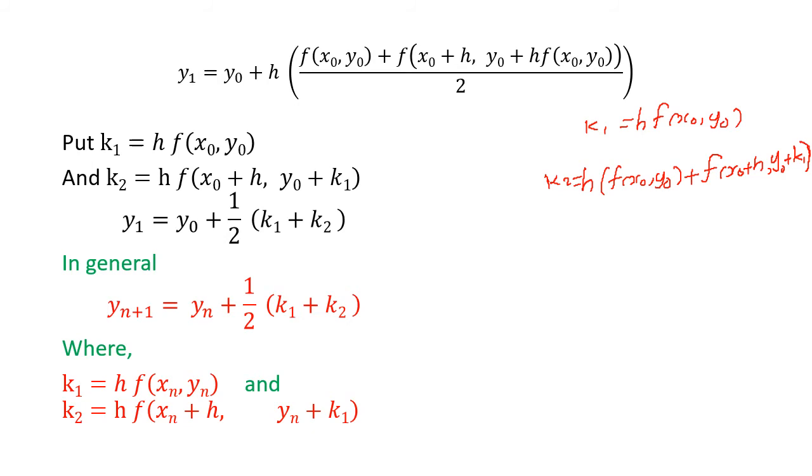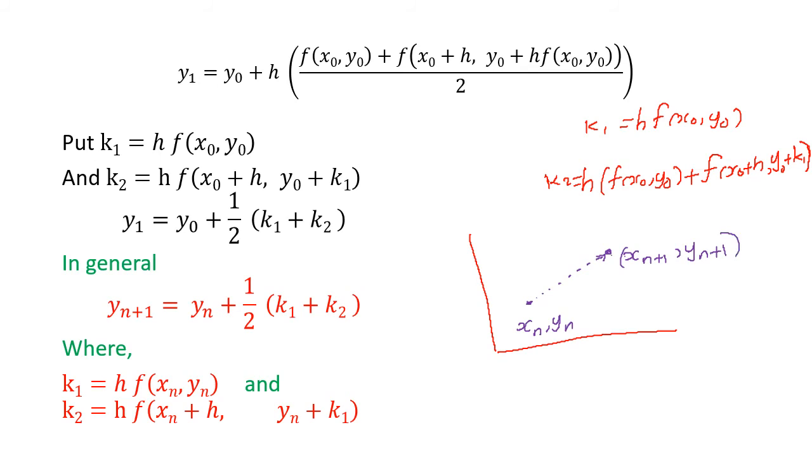That means suppose you are at some point, known at xn and yn. Now you can travel from xn, yn to xn plus 1, yn plus 1.